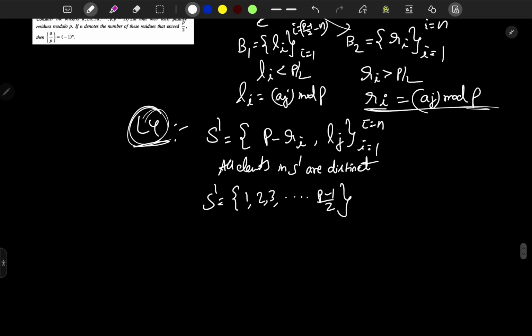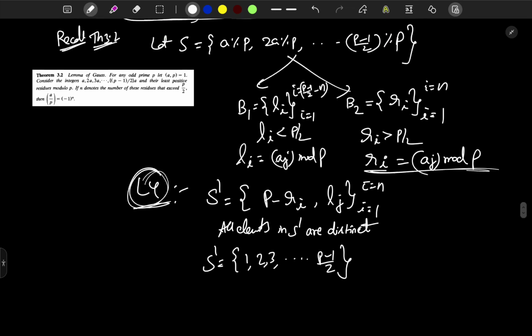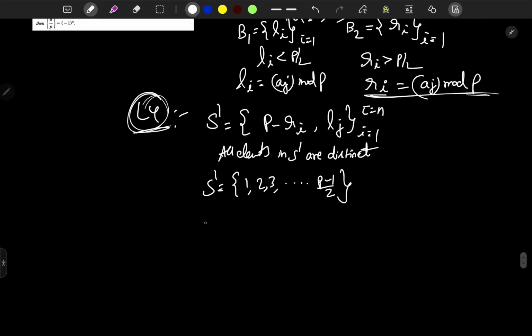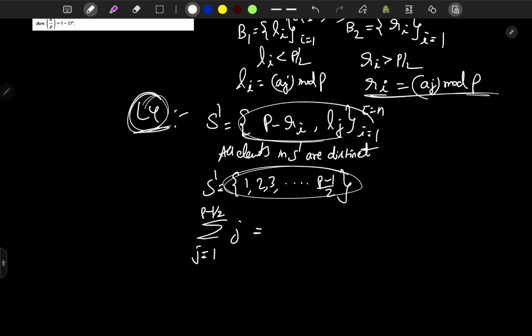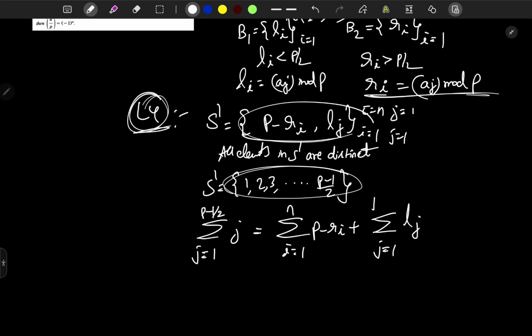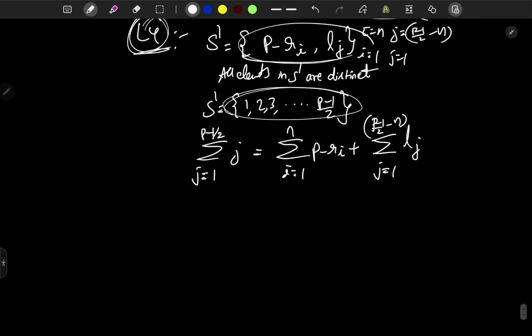So that's it. After that, what we have to do? Can I write it like this: sigma j equals 1 to (p minus 1)/2. Basically the sum of these elements is nothing but the sum of these elements, sigma of p minus ri, where i equals 1 to n, plus sigma j equals 1 to (p minus 1)/2 minus n.